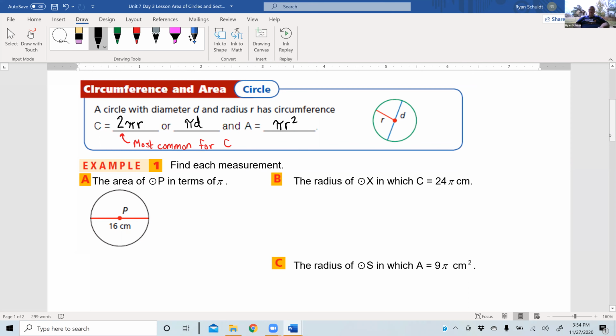Okay, let's look at this first example. They want us to find the area of circle P in terms of pi. What this means is you do not type pi in the calculator.